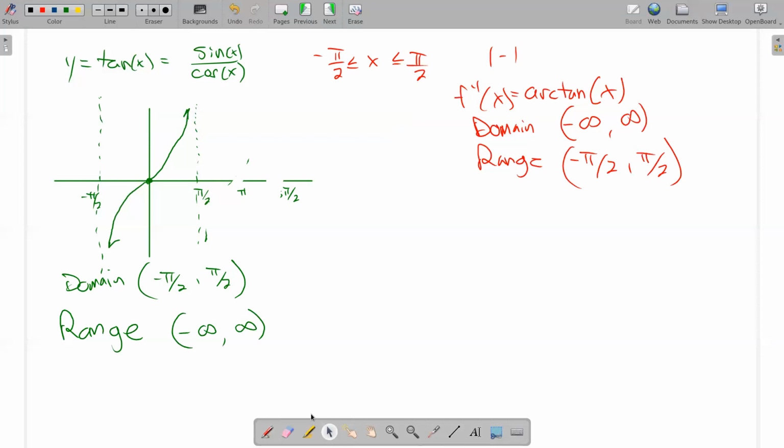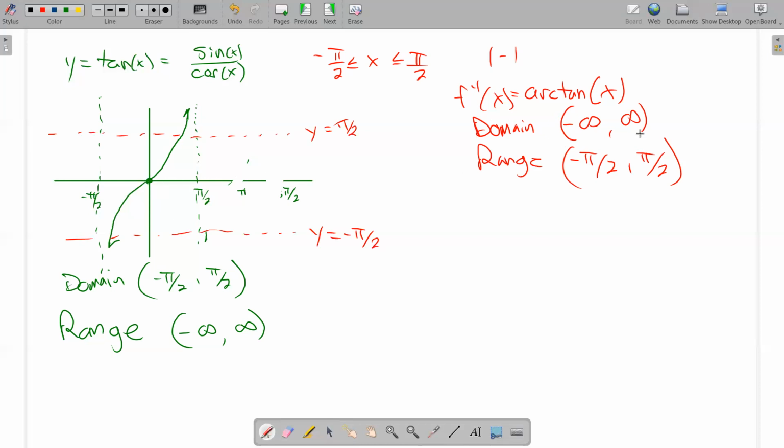That was cool. All right, so here, again, my range, I can't go below negative pi over 2 or above pi over 2, so those vertical asymptotes turn into horizontal asymptotes. So I'm going to have a horizontal asymptote, say it's up here, y equals pi over 2, and down here, y equals negative pi over 2.